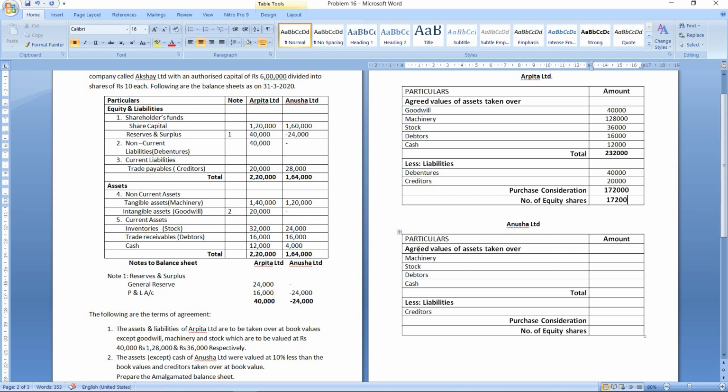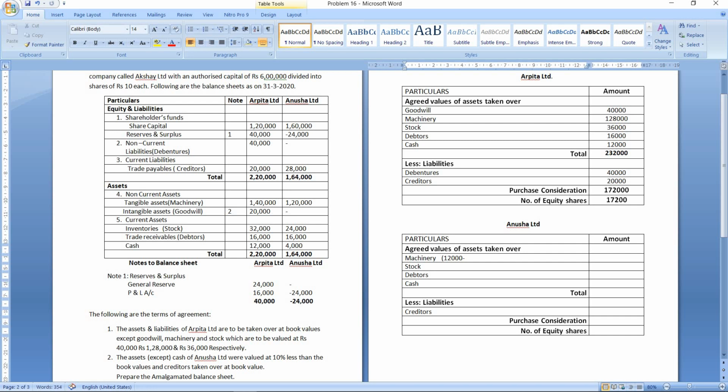Okay, so here we will take agreed value of assets taken over. Just look at the condition here. The assets except cash are to be valued at 10% less than the book values, and creditors are taken over at book value. So you have to take the value of asset, and from that you have to minus 10%. So machinery of Anusha Limited is 1,20,000.